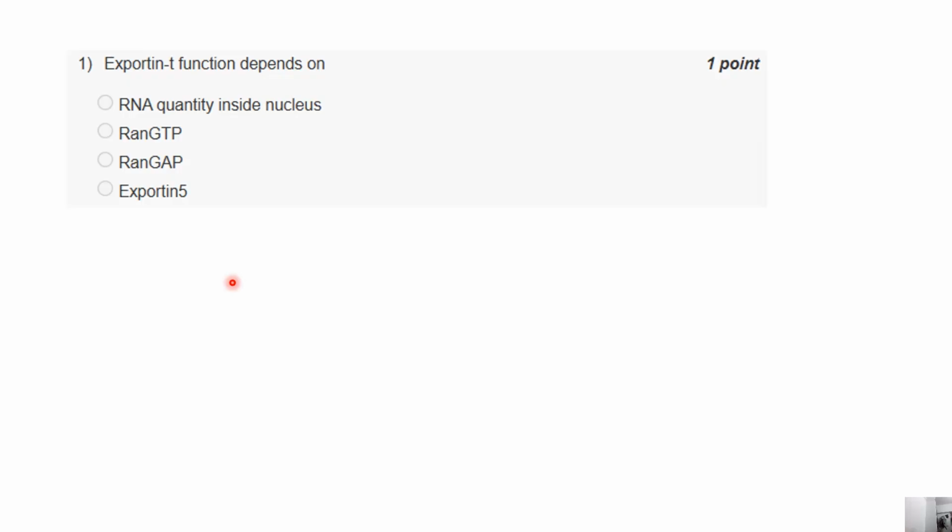So coming back to the question that we started with, exporting functions depends on Ran GTP, right? If anybody has any question, they are free to raise their hands and unmute and let me know, or we move on to the next question after waiting for 2-3 minutes.